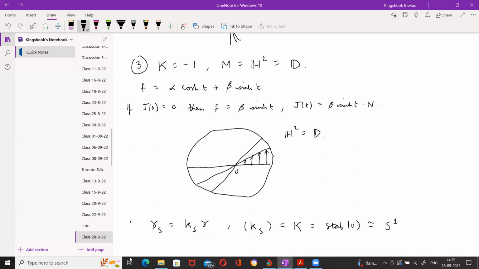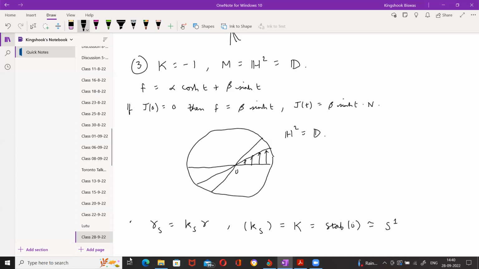In H^n or S^n or R^n, you can do the same. There you take a one parameter subgroup of the maximal compact K, and you apply it to your geodesic, and then you get a one parameter family of geodesics. You differentiate that, you get a Jacobi field with J(0) equal to 0, right?